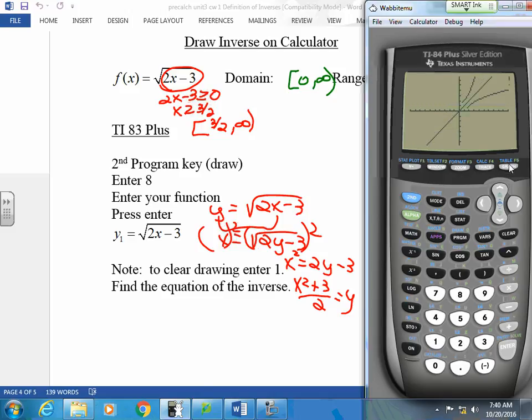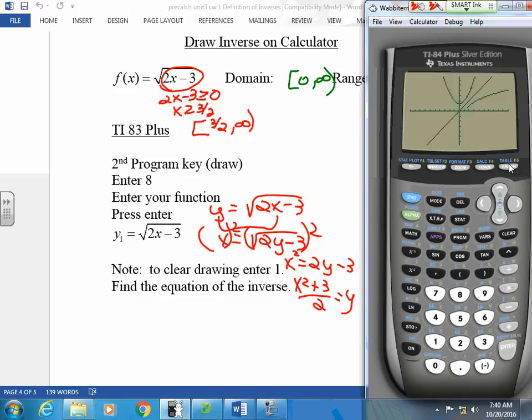Okay, so there's my inverse. Ooh, I did get part of it, but what happened? It made a parabola, because doesn't x squared give me a parabola? So I have to restrict my domain somehow. So I go back to my original domain and my original range. Now watch.